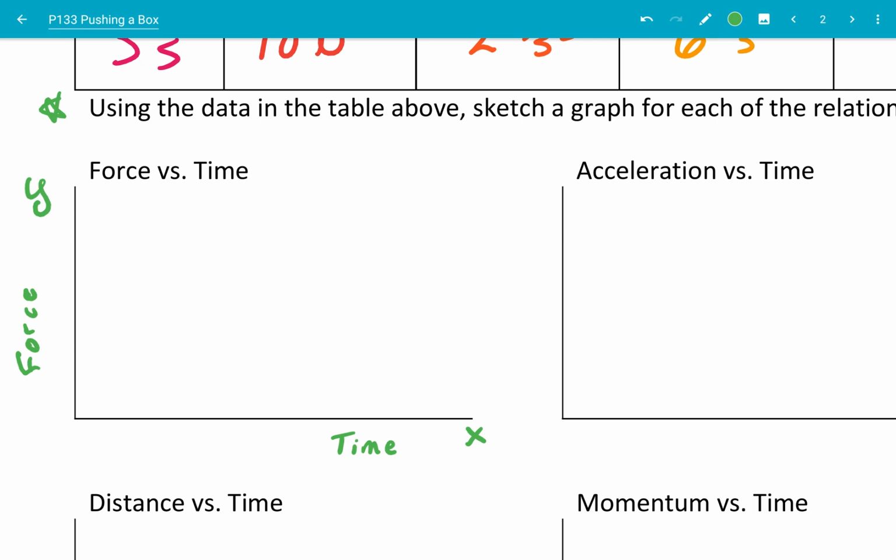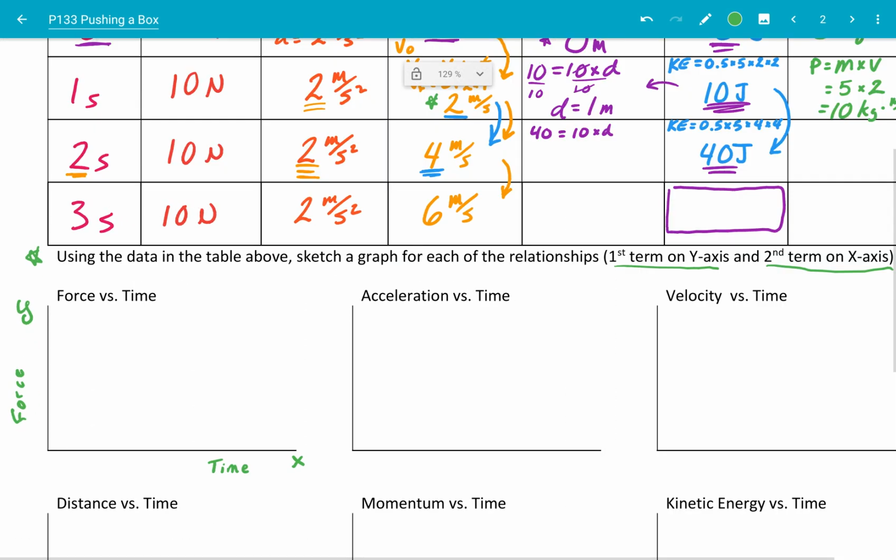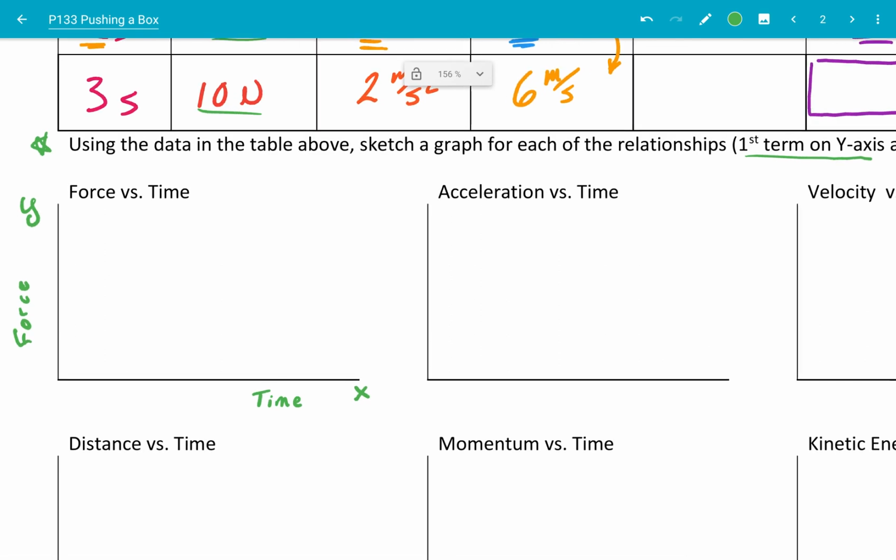For all of this data, we had 10 newtons, 10 newtons, 10 newtons. So it's a constant force for the whole time. Let's put the time across the x-axis first. We're doing 3 seconds, starting at 0, then 1, 2, 3 seconds.